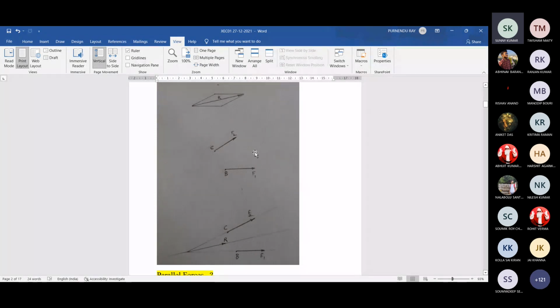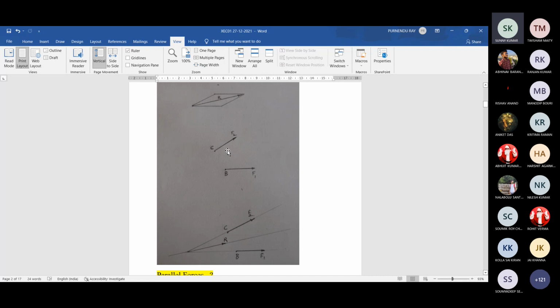So ultimately, what is F1 plus F2? It is F3 plus F4 plus F5 plus F6. I'm not going to write all these things in detail. It's very easy to understand and visualize. Now this system of two parallel vectors F1 and F2 is equivalent to the four-vector summation F3 plus F4 plus F5 plus F6.